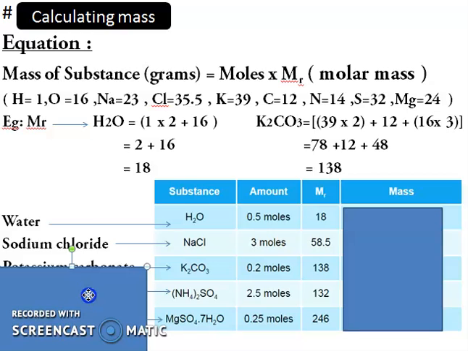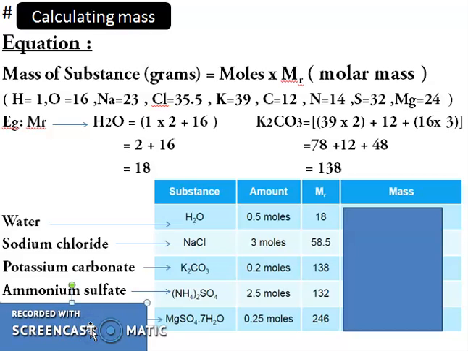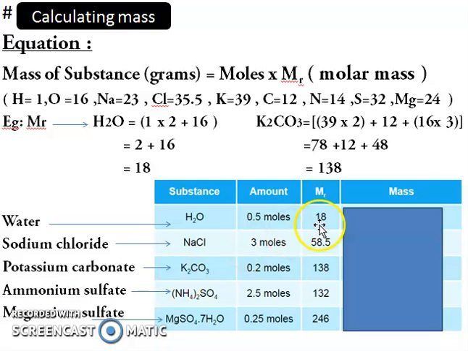What is (NH4)2SO4? That is ammonium sulfate. And what is this last substance called, MgSO4 7H2O? That is magnesium sulfate. Very good.